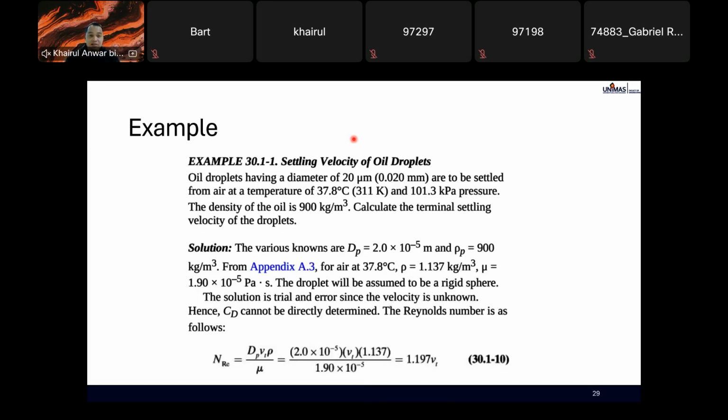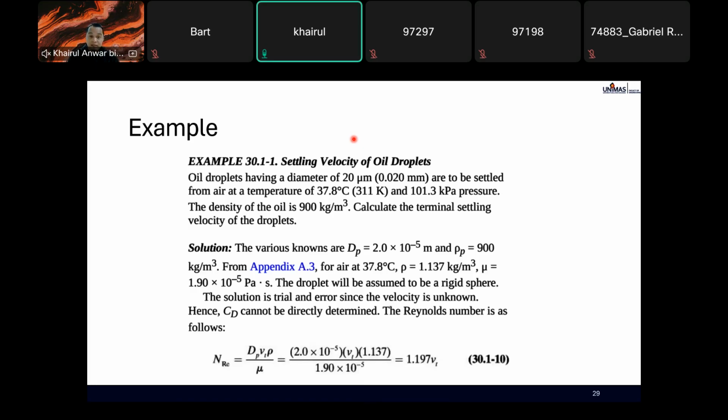Example 30.1-1, settling velocity of an oil droplet. An oil droplet having a diameter of 20 micrometers, or 0.02 millimeter, is to be settled from air at a temperature of 37.8 degrees C and 101.3 kilopascal pressure. The density of the oil is 900 kg per meter cube.